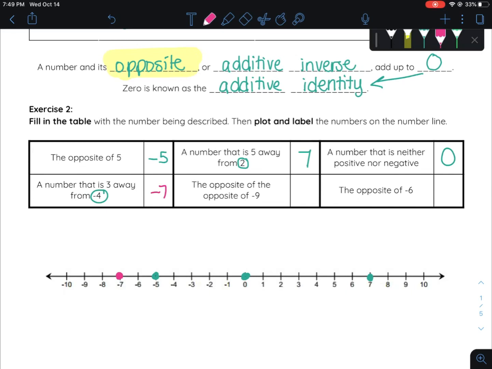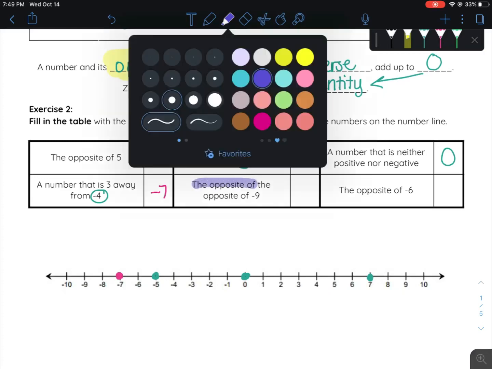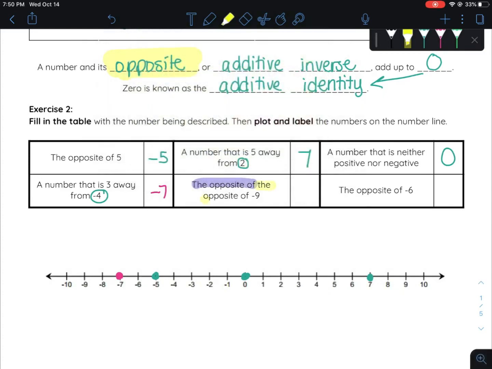The opposite of -9. Let's highlight that. So the opposite of, and then the opposite of -9. Let's do that in 2 parts. First of all, what is in the yellow the opposite of -9? That would be 9. And then in the purple, the opposite of 9 would be -9 again.